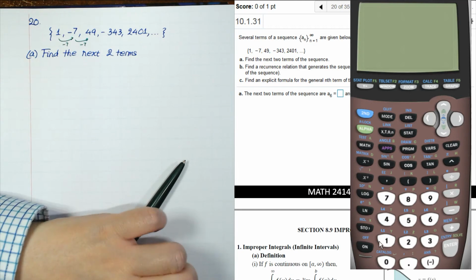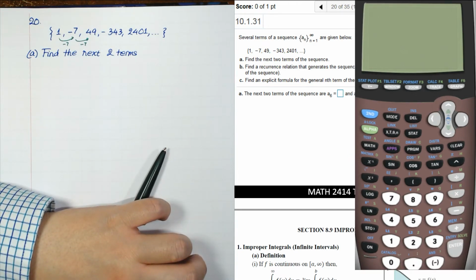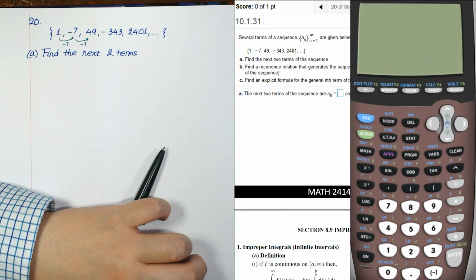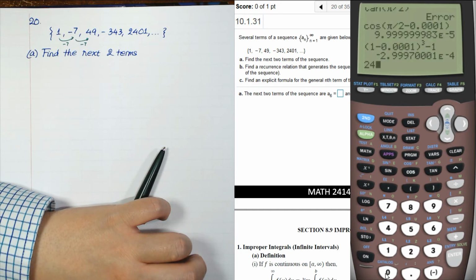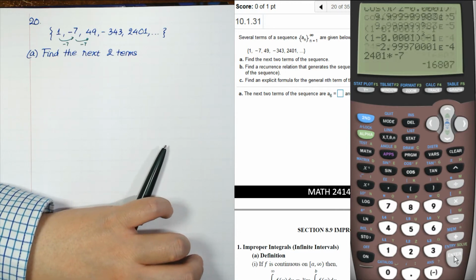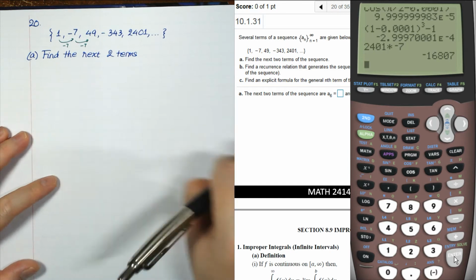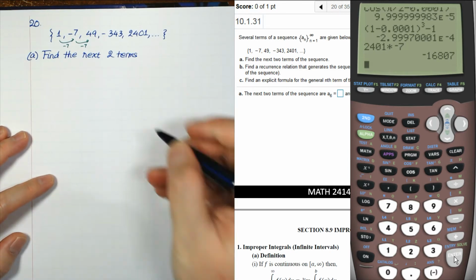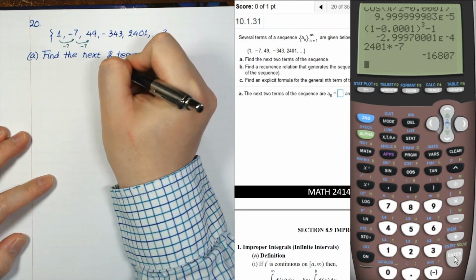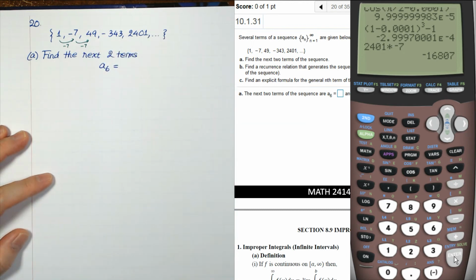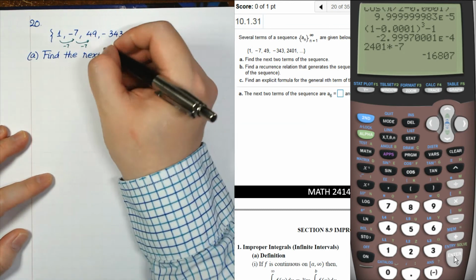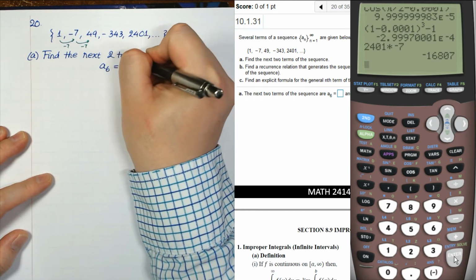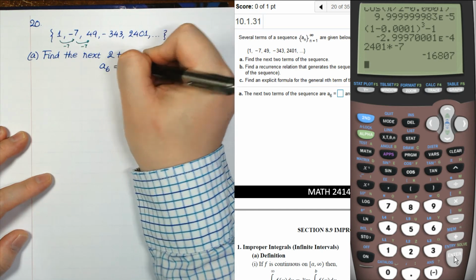2401 times -7. So the next one, the sixth term, is -16,807.